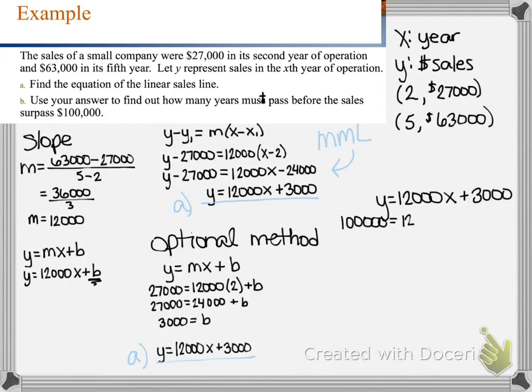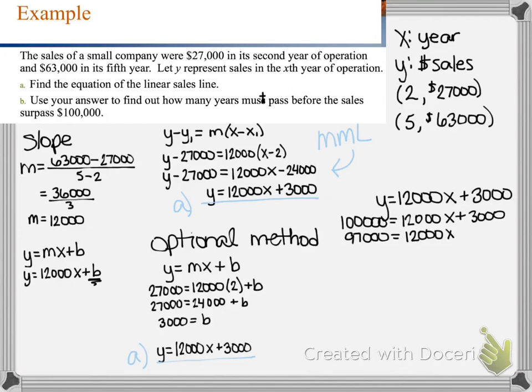And we're going to solve this equation now for X. Alright, so we need to subtract 3,000. So we have 97,000 equals 12,000x. We've subtracted our 3,000 out.